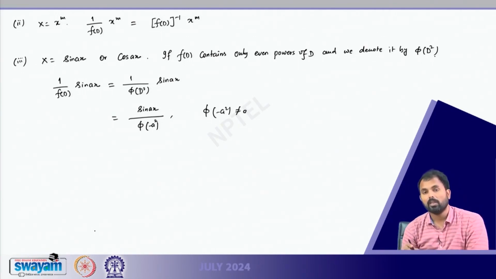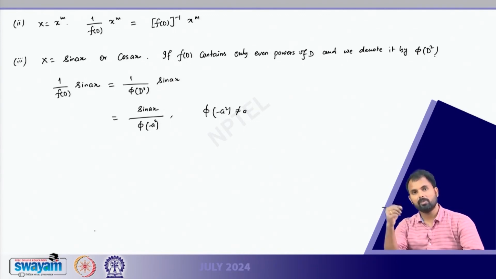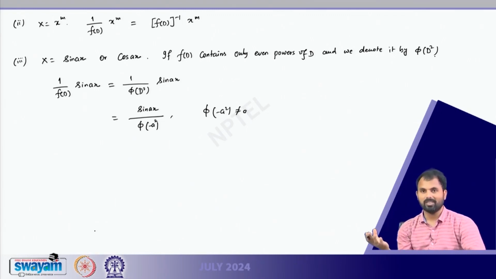Same goes with cos. If it has odd powers, then we replace the D squares by minus a square, and the remaining D will remain as it is. Then we take the inverse and do the inverse expansion. Or we can multiply numerator and denominator by D plus a. If you have D minus a remaining in the denominator, then you multiply numerator and denominator by D plus a, substitute D square equals minus a square in the denominator, and then take the derivative in the numerator, and you get the required solution.